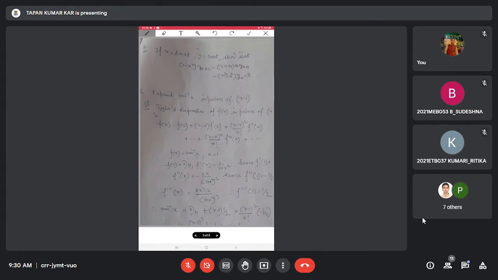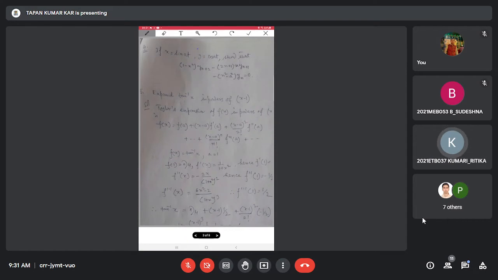If x equal to sin at, y equal to cos at, then show that this. Any idea how you will proceed?